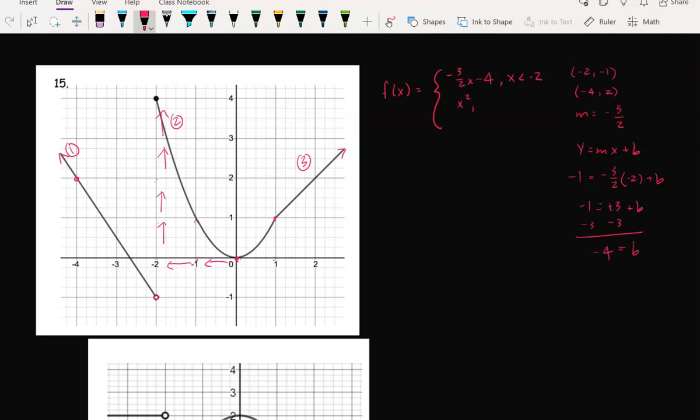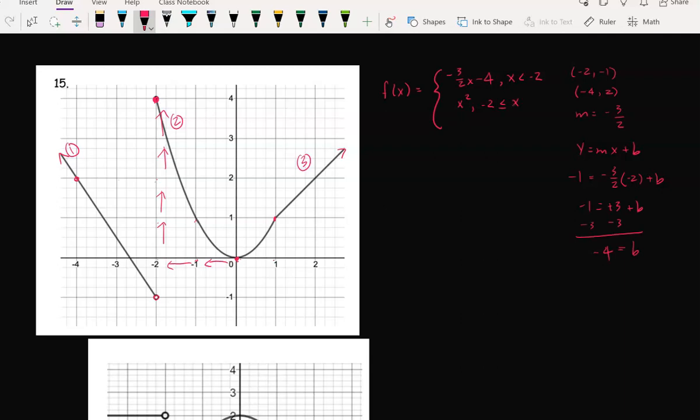Went left 1, up 1, right 1, up 1, left 2, up 4. No need to have a multiplier. Okay, so let's go ahead and figure out where to where. Okay, so we see this little dot right here. So it's going to start at -2, and -2 is less than or equal to x.